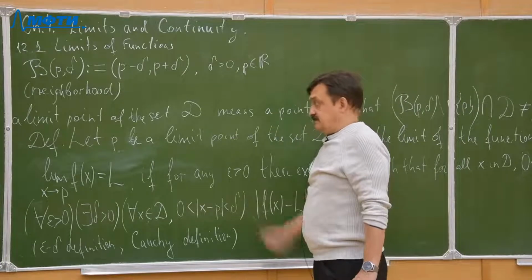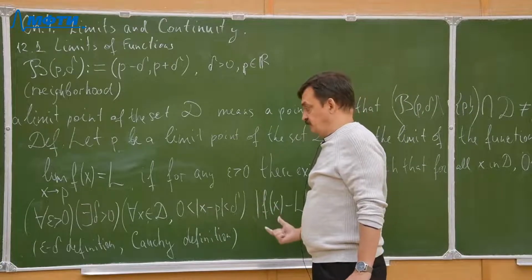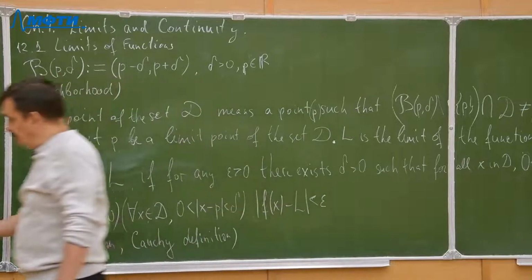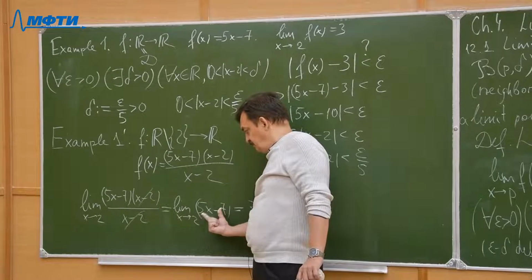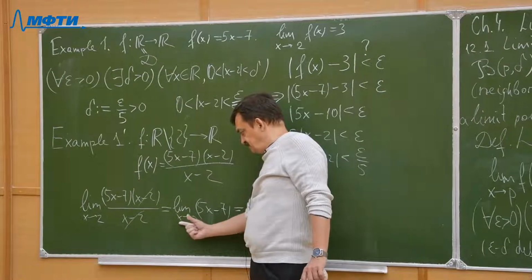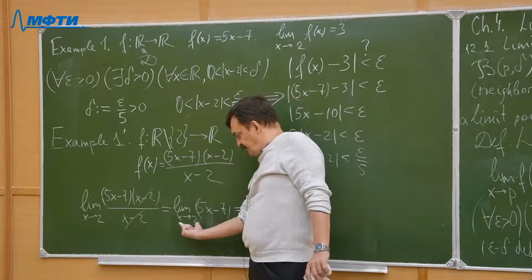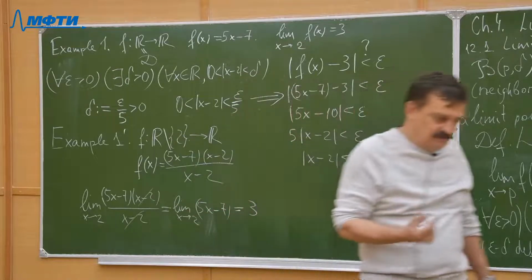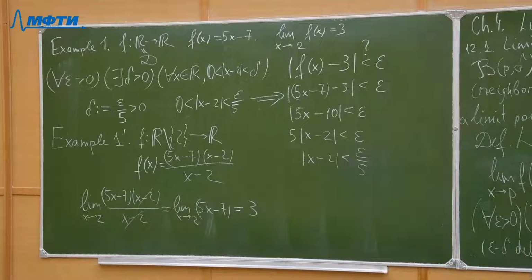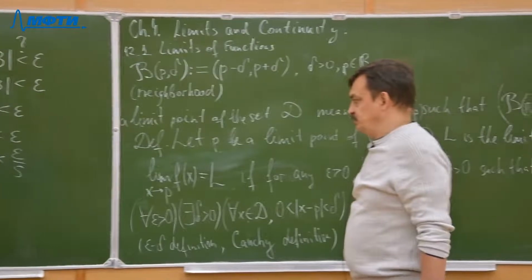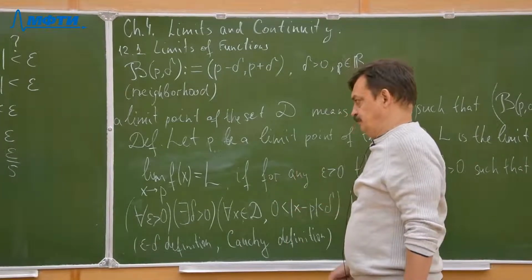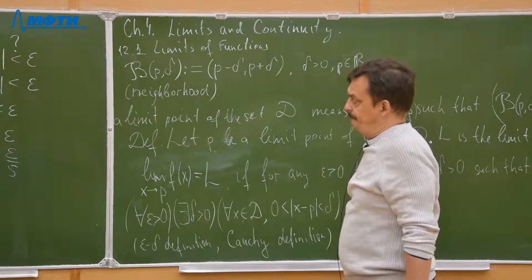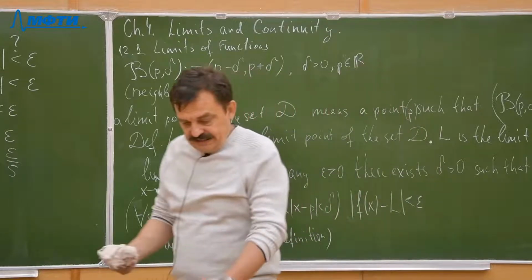And that is how it works. So, in fact, when we compute the limit, we are looking at the values of x which are as close to 2 as we want. So the difference between x and 2 is very, very small. Yeah. Okay. More examples.